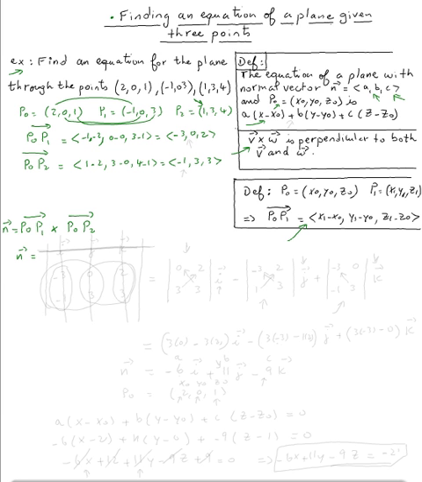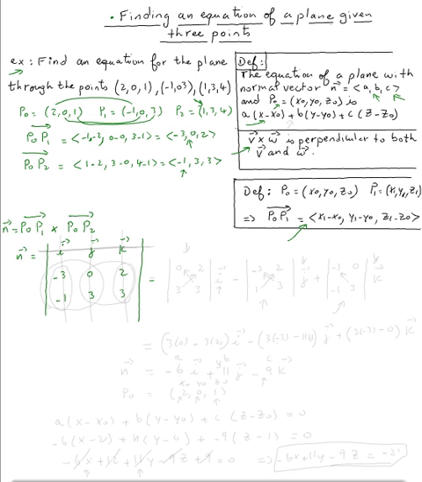Now all we have to do is the cross product. But how do we do a cross product? We always write i, j, and k, and we write the components of the vector P0P1 first, negative 3, 0, 2 in the next row, and then the components of vector P0P2, negative 1, 3, 3.